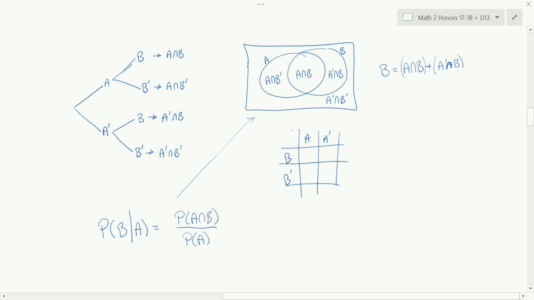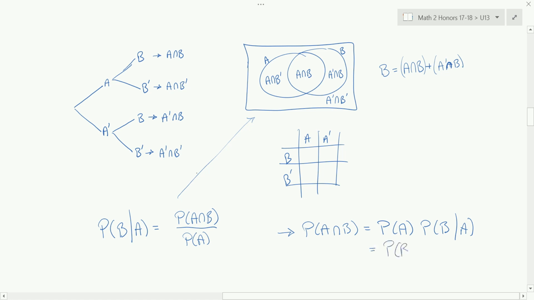So that's one formula we've got to remember and be able to use. And then from that, you can solve for the probability of A and B. So we get the probability of A and B is the probability of A times the probability of B given A. If we switch our A's and our B's, we get an equivalent expression.